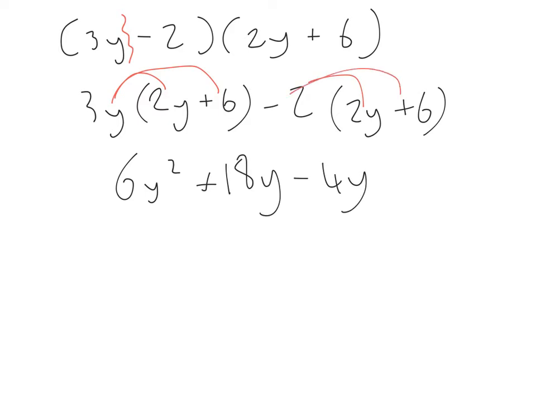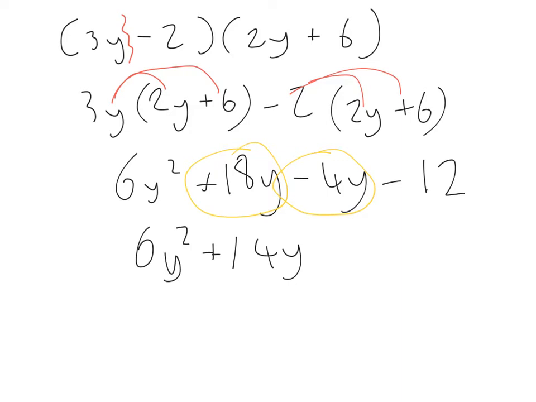Minus 2 by 6, minus 12. 18y minus 4y goes together to give me 14y, and it's positive. And then I've got 6y squared minus 12.